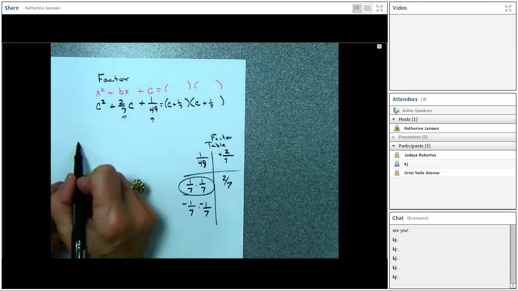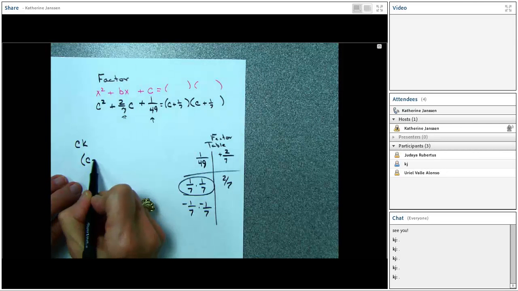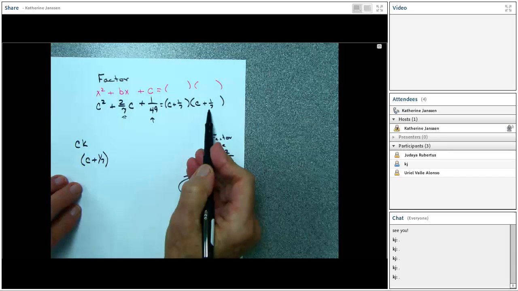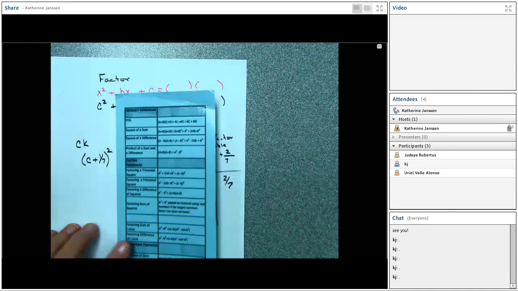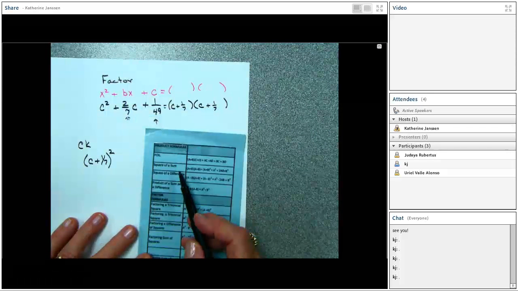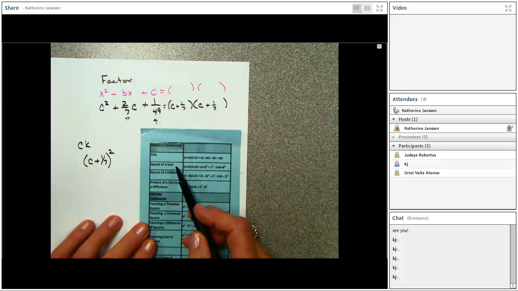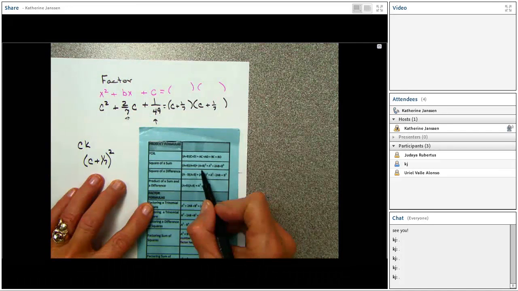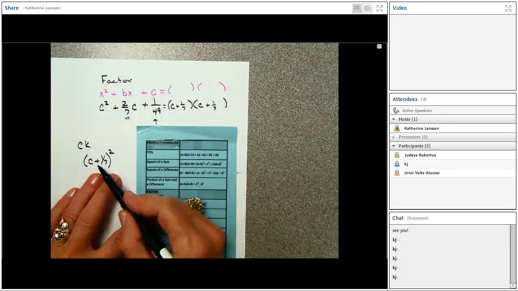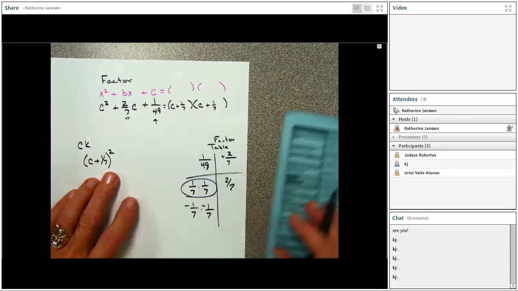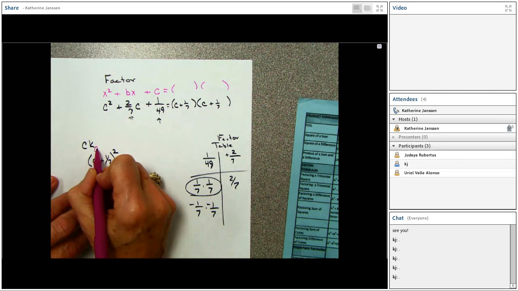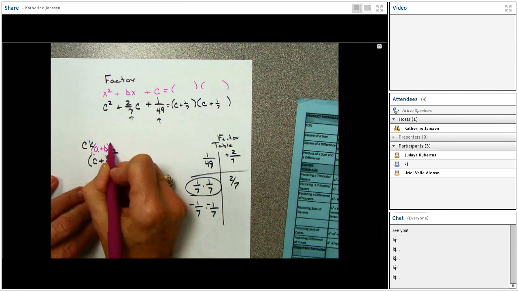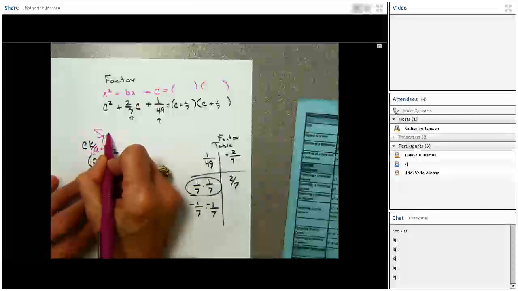Let's check. I have C plus 1/7, the quantity squared. So on my blue card, I have the square of a sum. A binomial, I'm adding and I'm squaring it. So I expand that as, from my blue card, square of a sum.